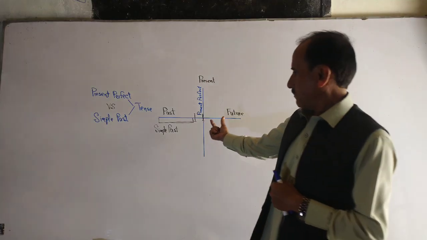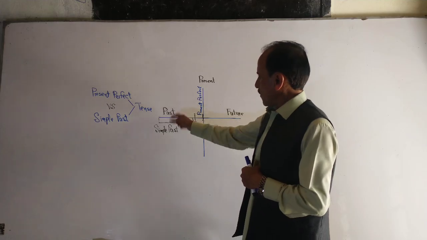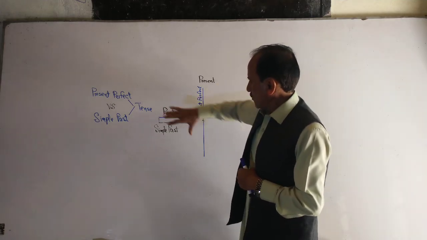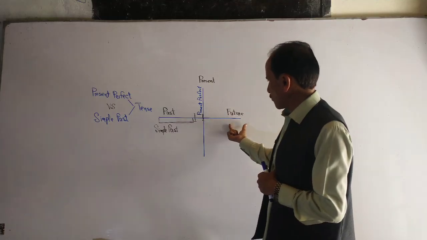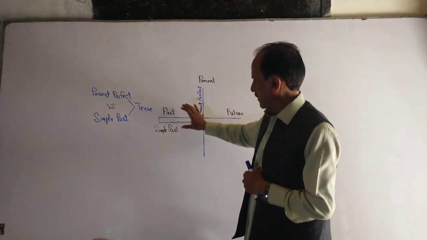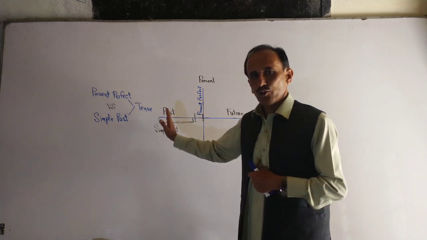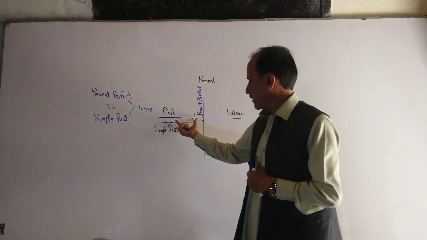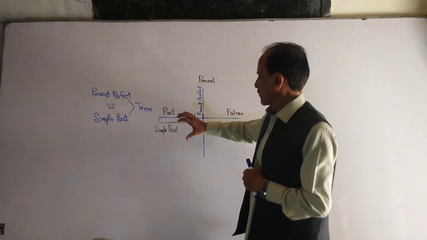So here's a diagram you are looking at. For example, this is past, this is present, and this is future. Now, when an action has happened in the past, we use the sentences of this tense, and it has four main kinds.